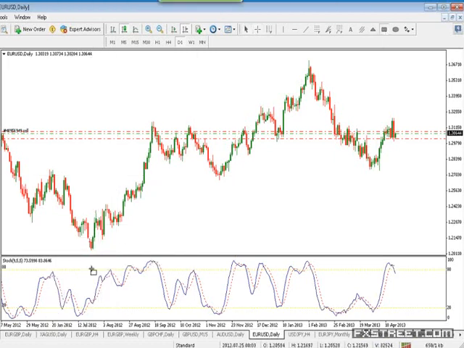And let's just talk about fractals. When we are talking about higher lows, each fractal subsequently is going higher. Here I'm looking at fractals, each fractal going higher, so the lows are going higher. Similarly, each high, these are bearish fractals, each high is also going higher.